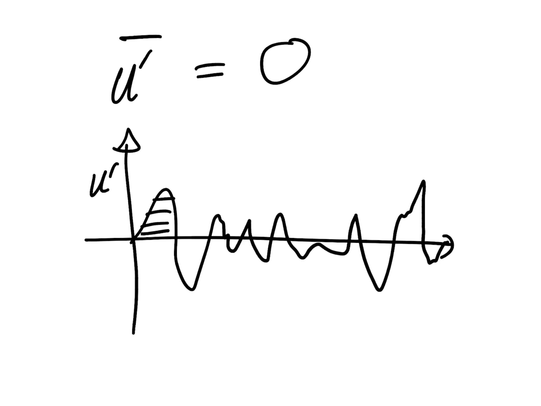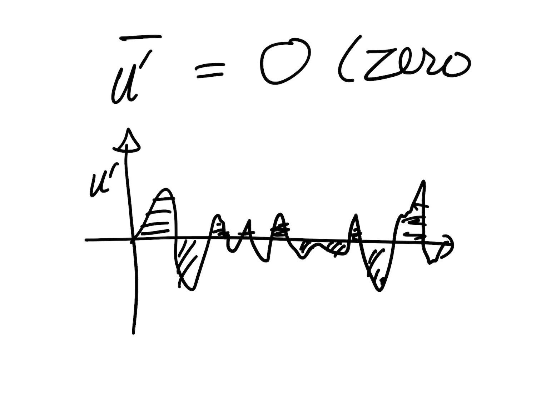It is such that the area above and the area below 0 add up to exactly 0. That is, the average value of the fluctuations is 0.